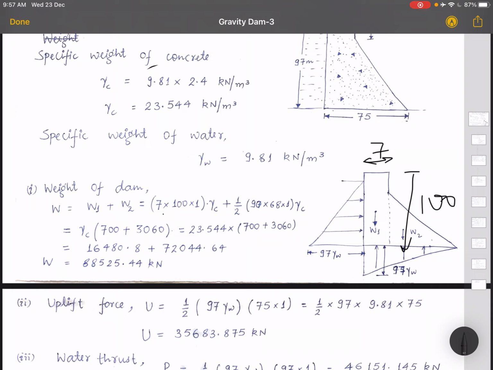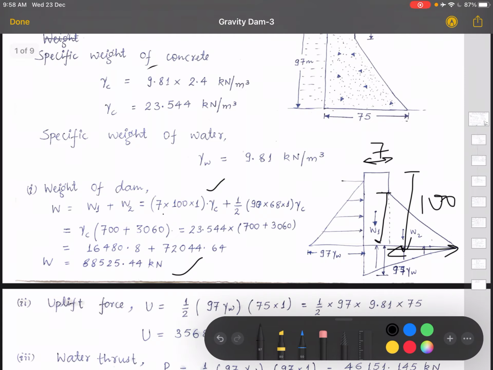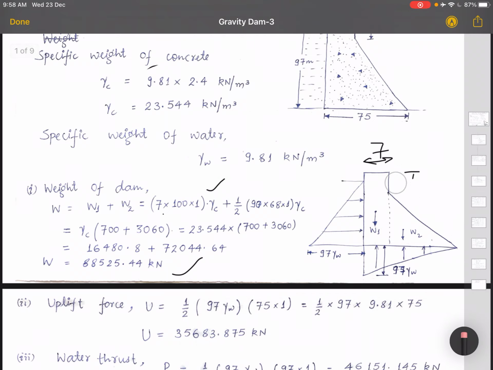So the rectangle area is 100 into 7 multiplied by 1, that means we are taking per unit length, multiplied by gamma C. W2 will be half into 90 into 68, because 75 minus 7 is 68. So the base is 68 multiplied by 1 multiplied by gamma C. Finally you get W as 88,525.44 kilonewton. This is the weight of the dam.